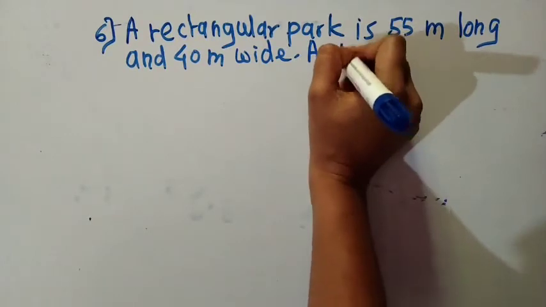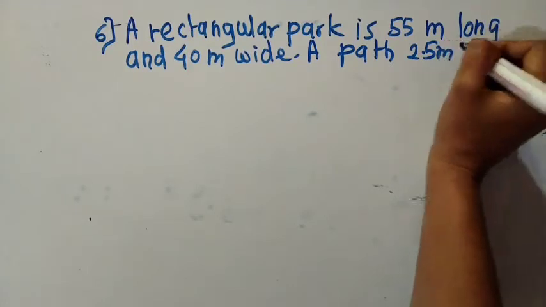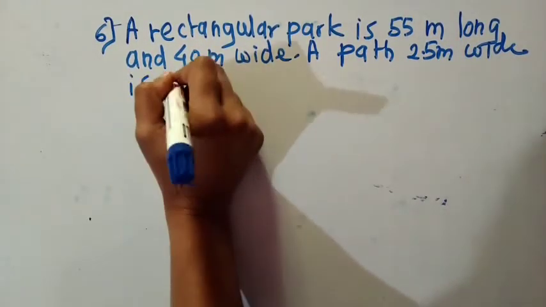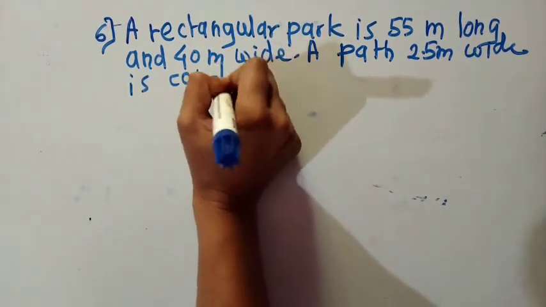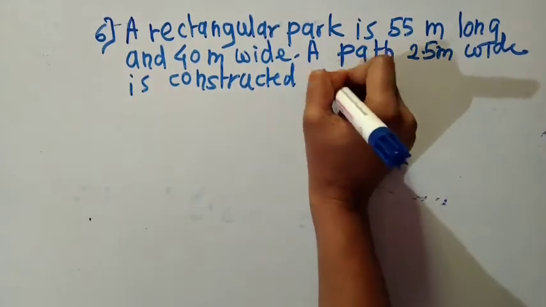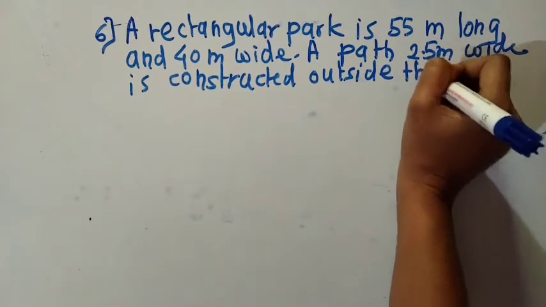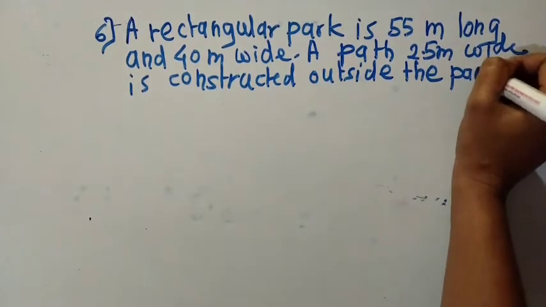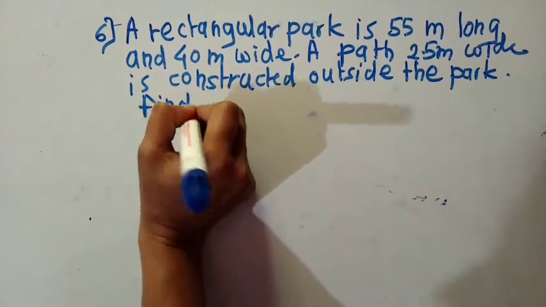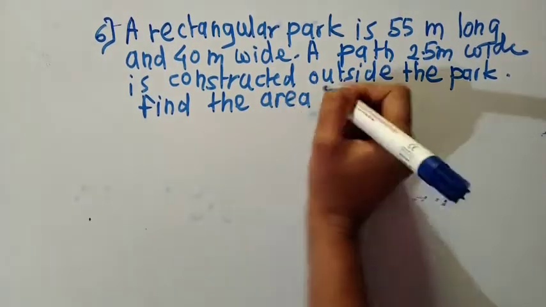A path 2.5 meter wide is constructed outside the park. Then find the area of the path.